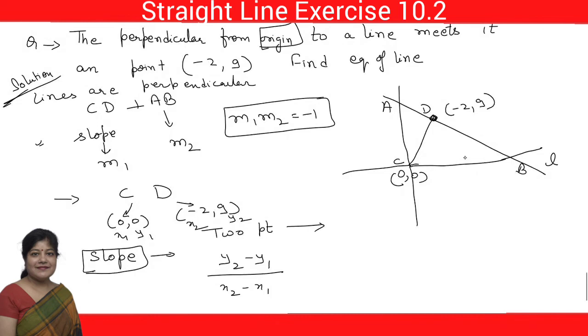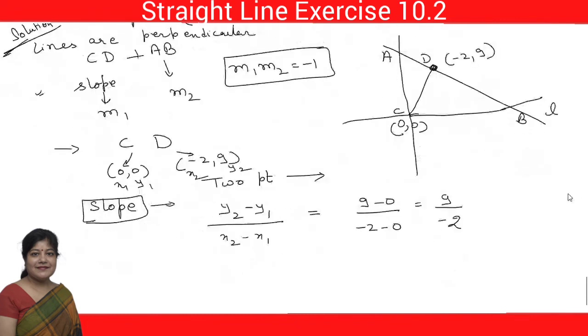So 9 minus 0 over minus 2 minus 0. So we have 9 over minus 2. Now M1 times M2 is equal to minus 1.